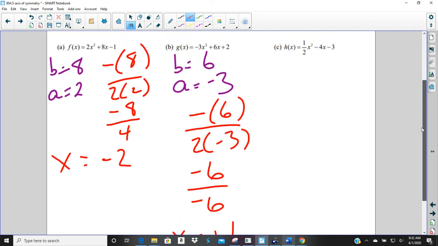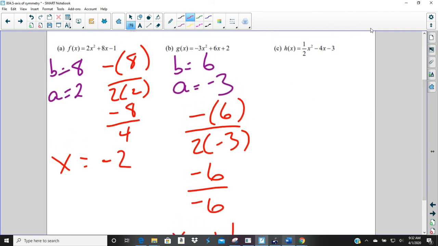Okay. So the third question. Now I have a fraction. No big deal. We can do this. My b term, I always start with b, is -4, and my a term is 1/2. Don't let that worry you. We can do this without a calculator. So what am I left with?